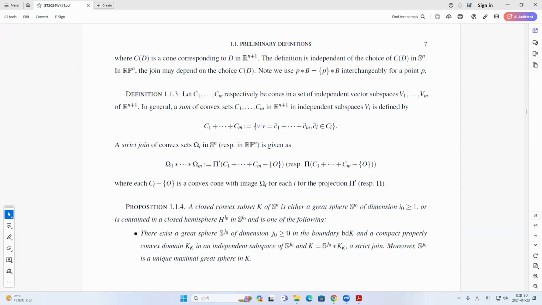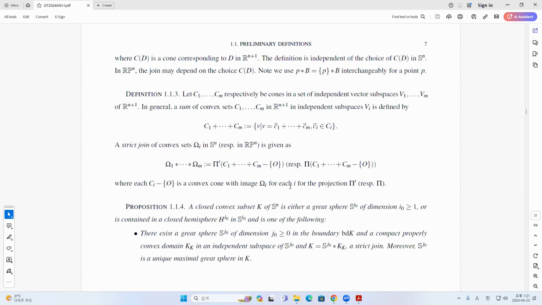And the strict join in Sn is given by the sum minus the origin, and you project to Sn and then project to RPn. So the projection is Rn plus 1 to Sn and then Rn plus 1 to RPn here.